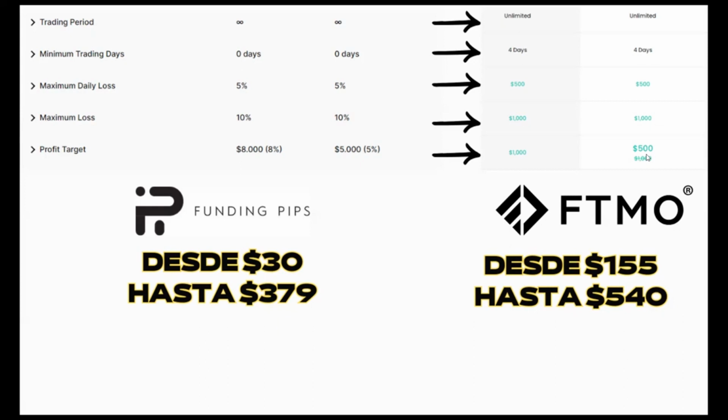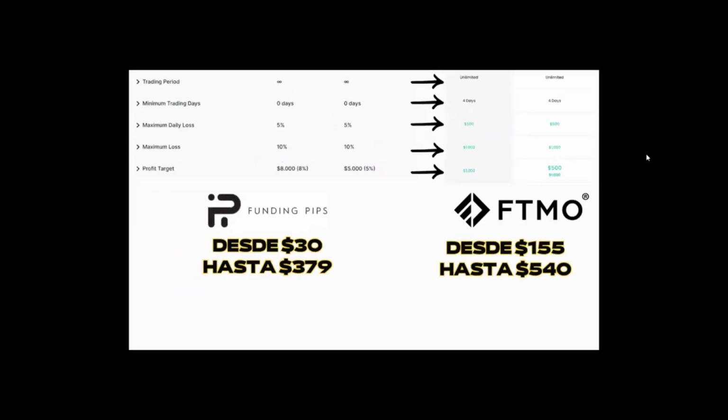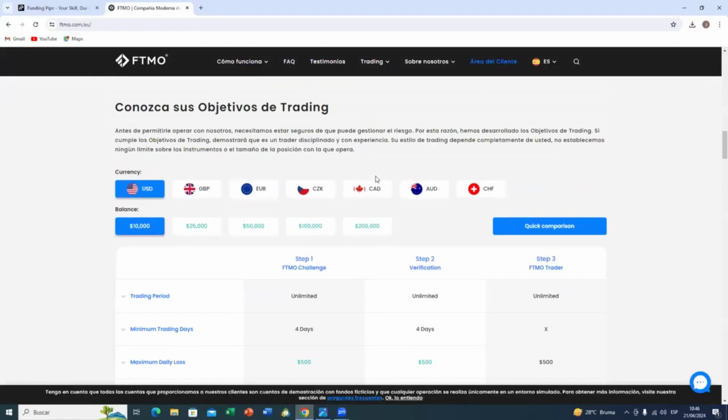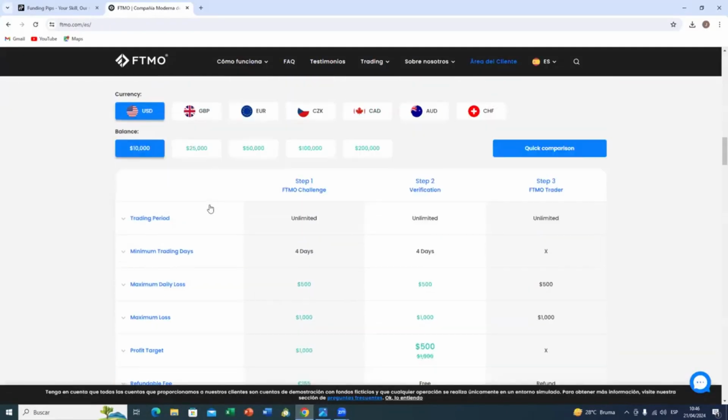Let's go here. FTMO allows us to operate with MetaTrader 4, MetaTrader 5, and cTrader on the other hand. FundingPips, they are still working on the MetaTrader 4 license. Let's remember that they had MetaTrader but with an external provider. That is, they did not have a license, and you already know all that topic.